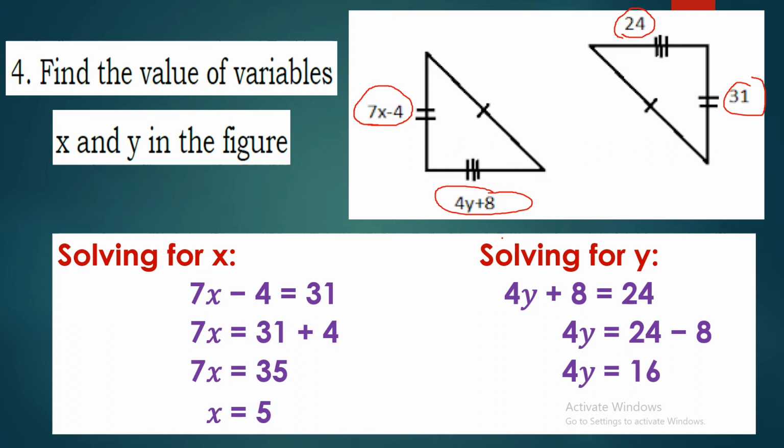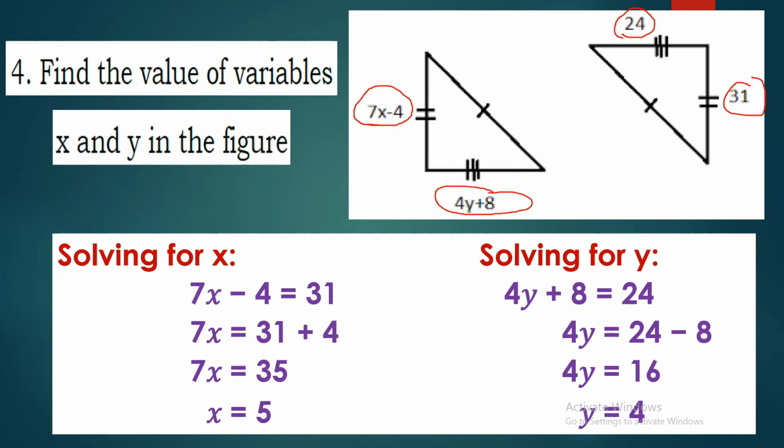Now, dividing both sides of the equation by the numerical coefficient of y, which is 4, we now have 4y divided by 4, that's y, and 16 divided by 4, that is 4. That means y is equal to 4. Let us check.